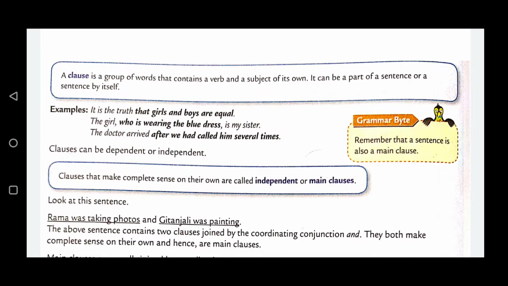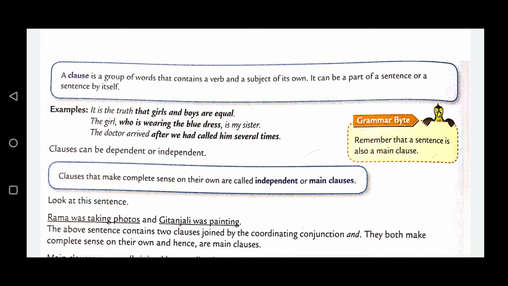Now, if we just see the highlighted parts, that girls and boys are equal, who is wearing the blue dress, after we had called him several times, none of these can make complete sense in themselves. They depend on the main clause.